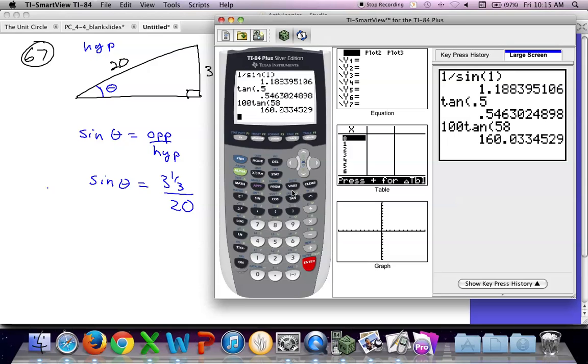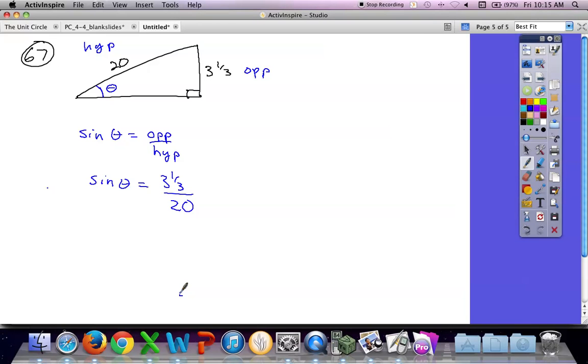Those are inverse functions. When we learned about inverses, we learned that if you take the composition of a function and its inverse, in some cases they cancel each other out, and the answer is x. It's a way of isolating the x. So in this case, if I take sine inverse of both sides, it'll look like this.